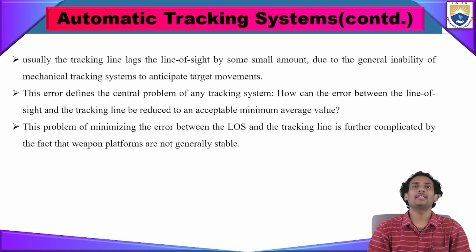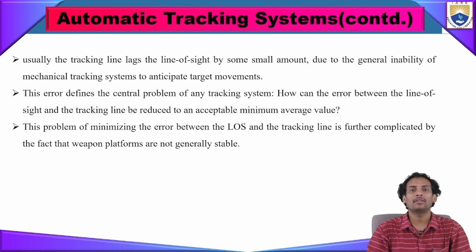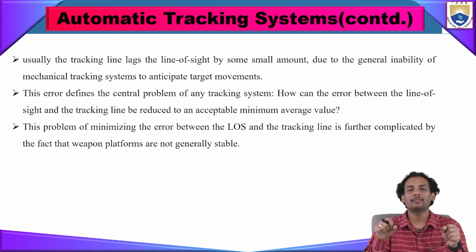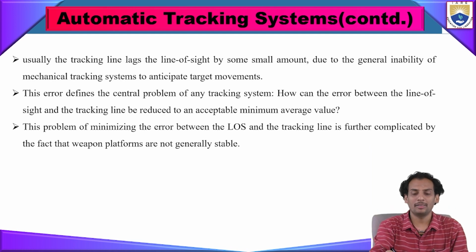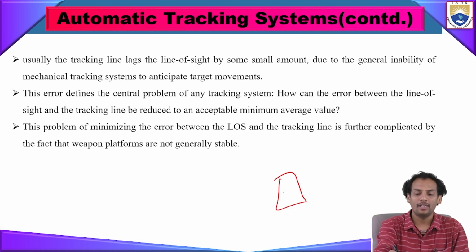So usually the tracking line lags the line of sight by some small amount. Due to that, the general mechanical tracking system must anticipate target movement, because whenever we are tracking, the missile launcher has a handle maybe like this.